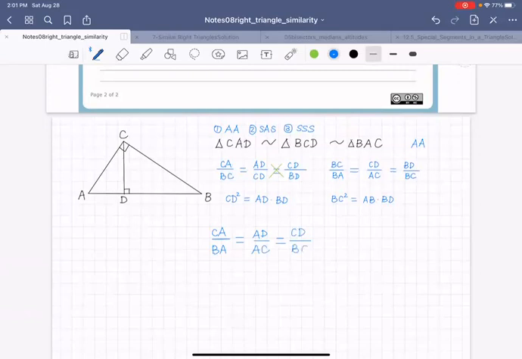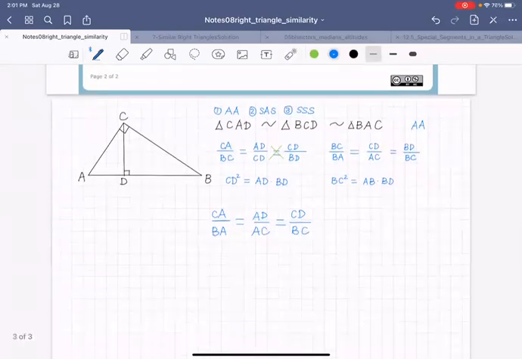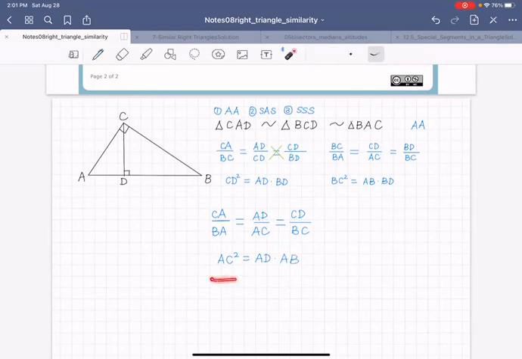There you go. Did you see something repeat itself? AC. So AC squared equals AD times AB. So the last one is AC squared equals AD times AB, correct?